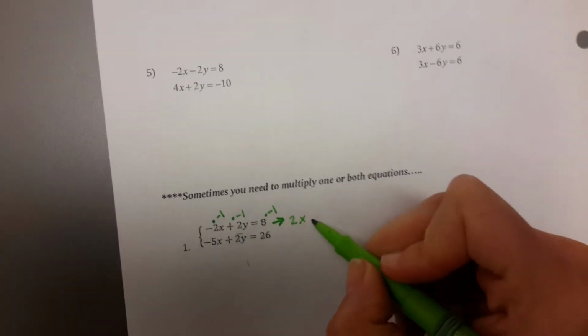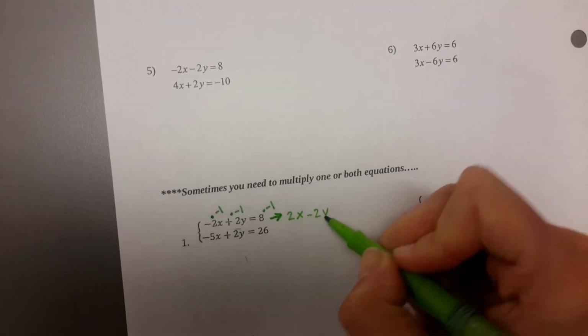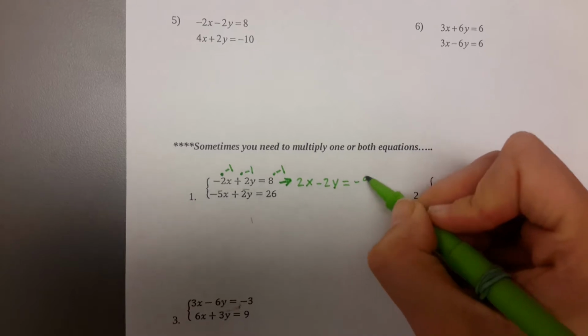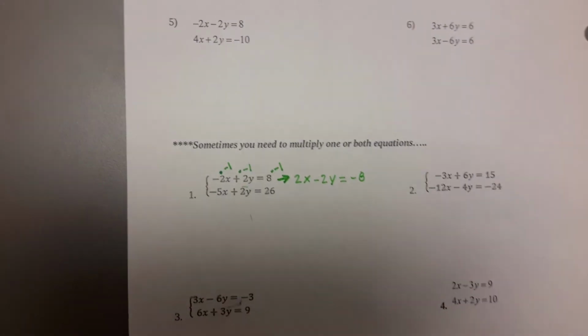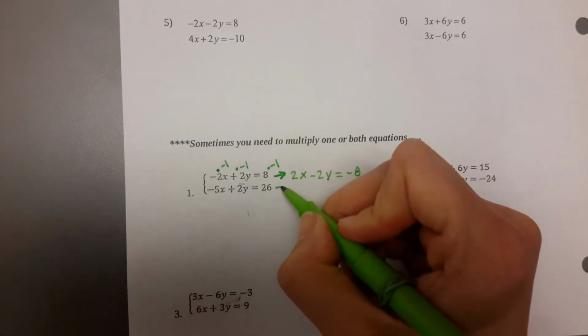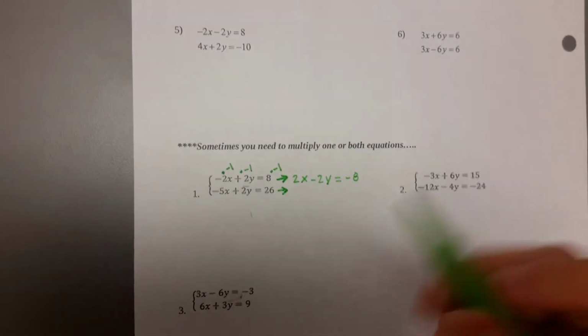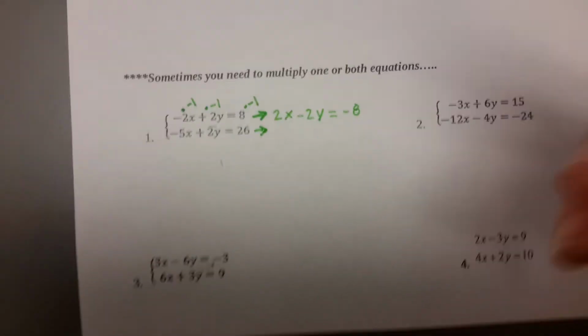Negative 1 times positive 2y is negative 2y. And then 8 times negative 1 is negative 8. So there's my new equation. All I did was change it by multiplying everything by negative 1. And if you do it to every single thing, then the equation remains equal.